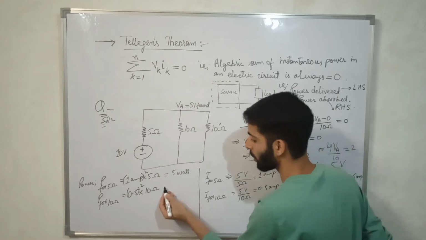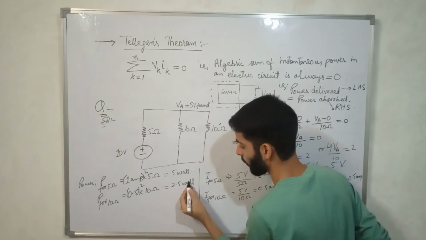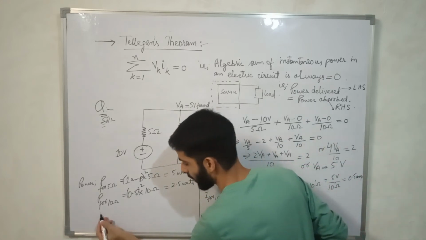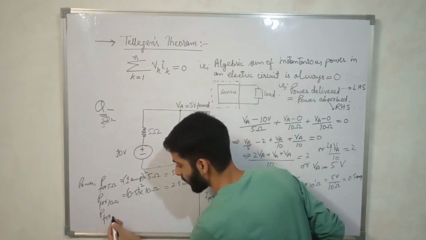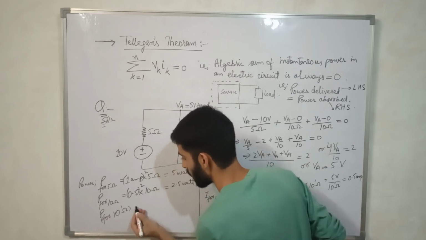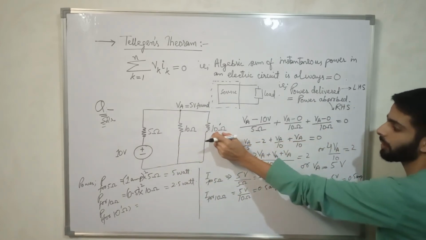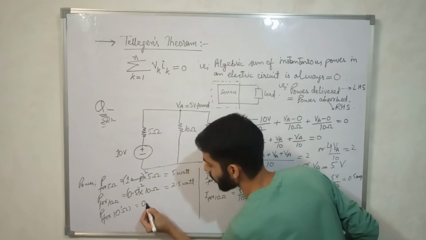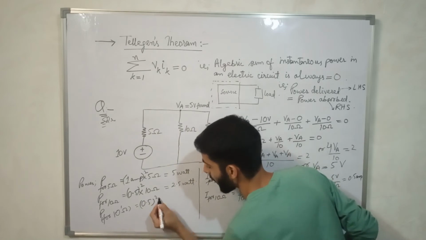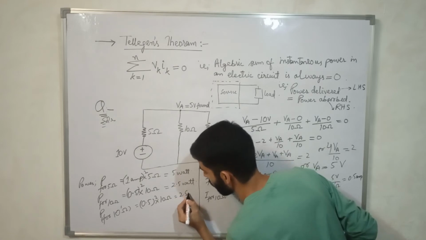This will become 2.5 watt. Similarly, power for the 10 dash ohm, again 0.5 ampere, 0.5 square into 10 ohm, is 2.5 watt.